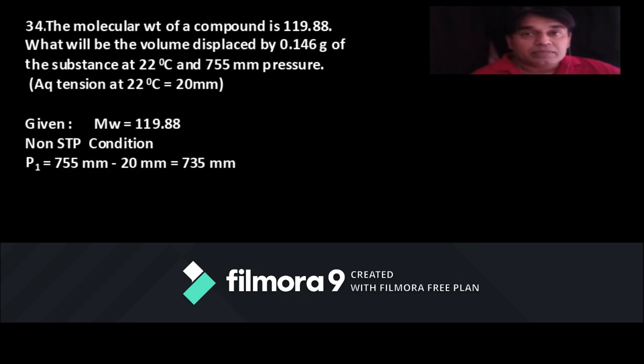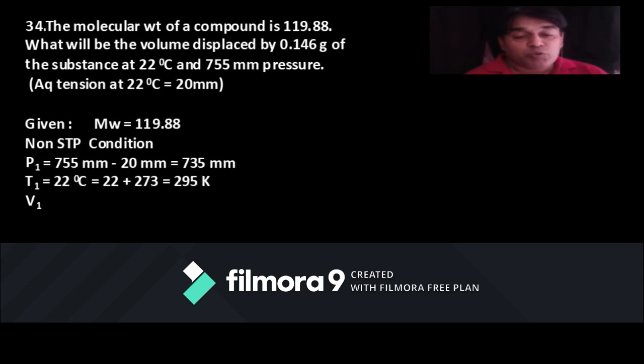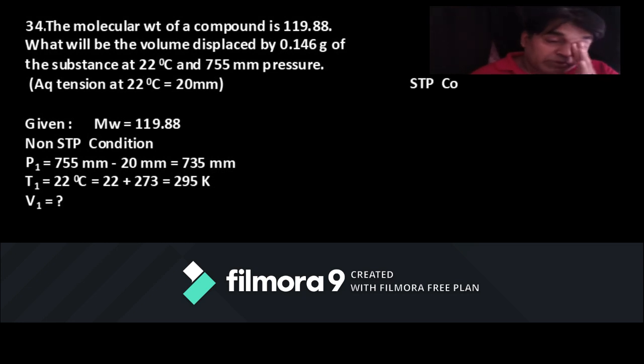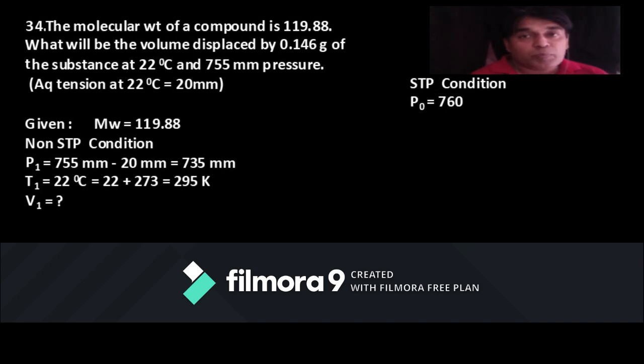The parameters present in non-STP condition: the pressure P1 equal to 755 mm, that is experimental pressure, minus aqueous tension 20 mm to give actual pressure 735 mm, and temperature T1 equal to 22 degree Celsius, that is converted into Kelvin by addition of 273 to become 295 Kelvin, and we are asked the volume, that is V1.